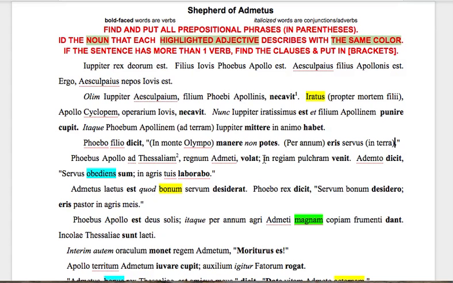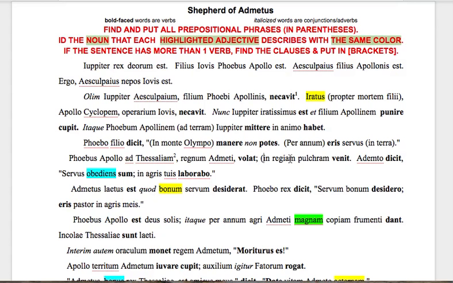Let's jump down here and take a look at a prepositional phrase beginning with in also, and this time we notice that it is followed by items in the accusative. Notice how I don't always just look at the first word that comes after it, but I look at multiple words that come after the preposition, because sometimes you might have additional nouns like we did here, and sometimes you can have adjectives.